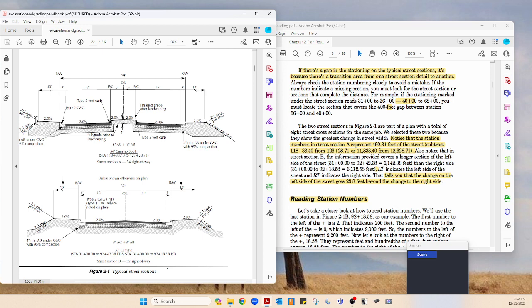Now, I'm going through all this stuff to let you know that there is a huge amount of information on one cross section. I don't know how well the book describes what a cross section is, but it's just a typical, and that's what these are called, typicals. It's a typical cross section of the would-be road that's going through the subdivision.